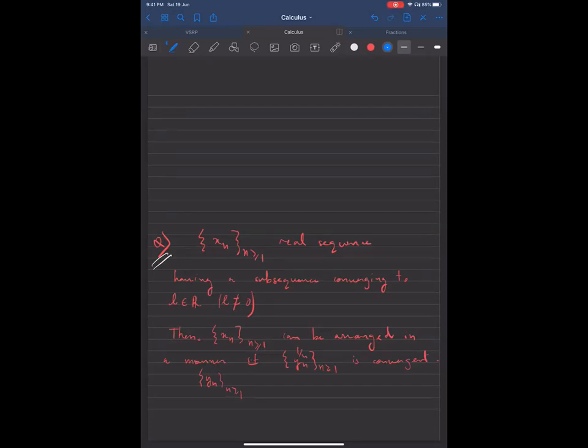So tell me if you agree with this construction of this variation of the problem. Let A be a countably infinite subset of R. We know that there is a limit point of A which is non-zero.